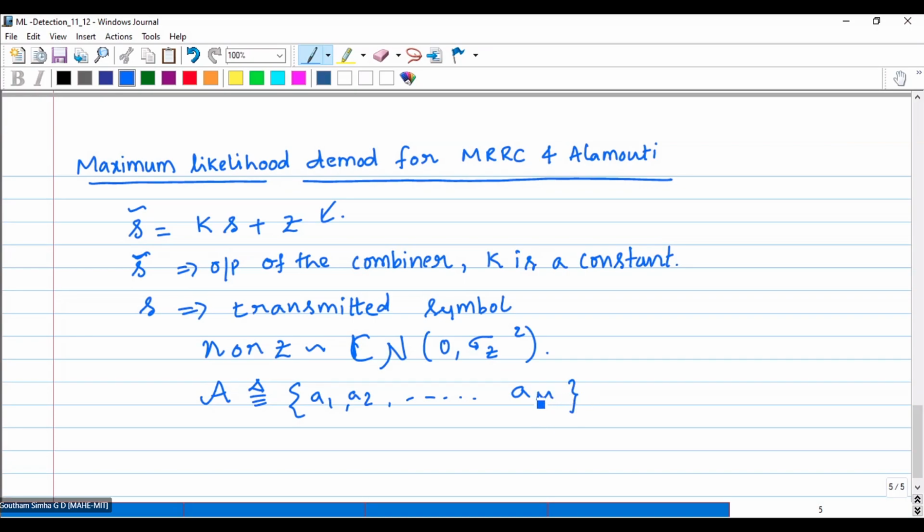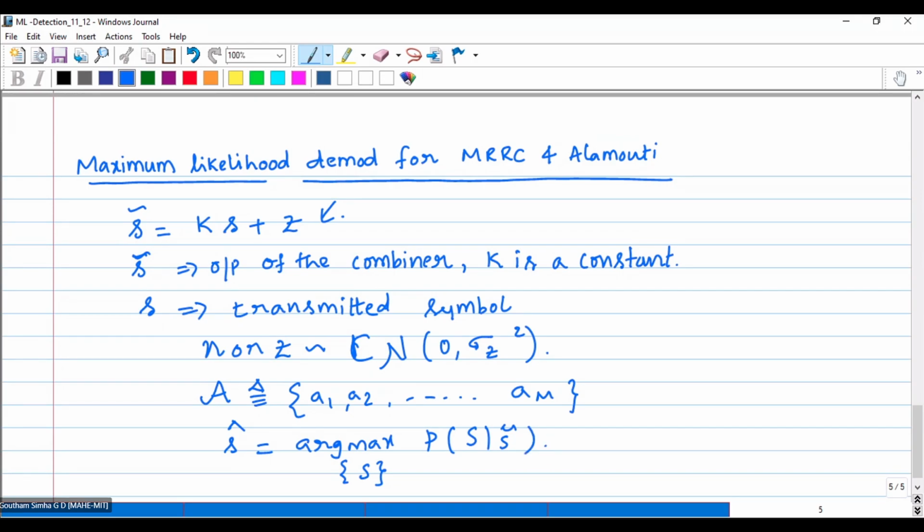The maximum a posteriori estimate of S, which is denoted as S tilde, is expressed as the argmax over symbol S, where S belongs to the constellation, of the probability of S given S tilde, the estimate.